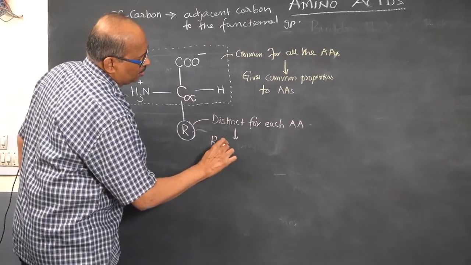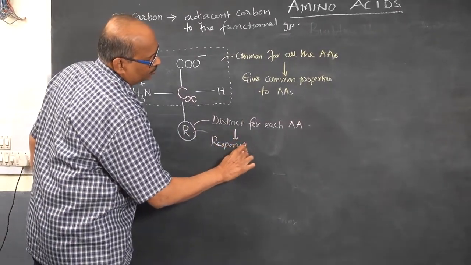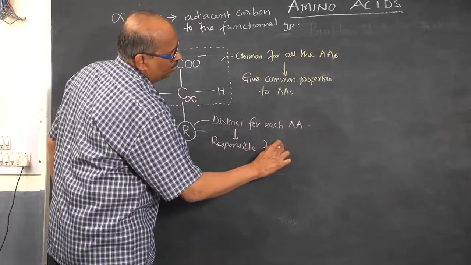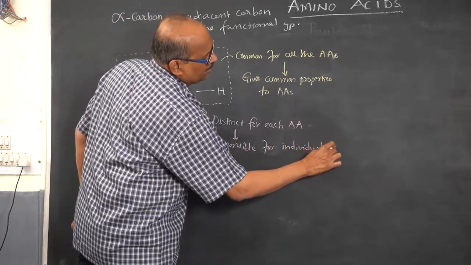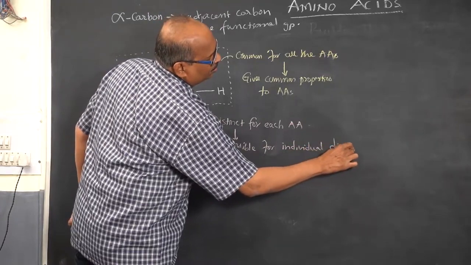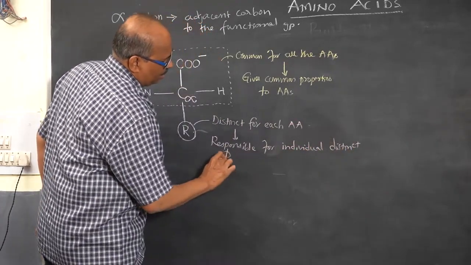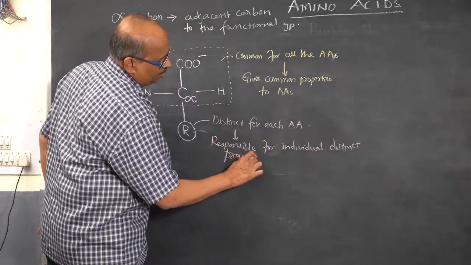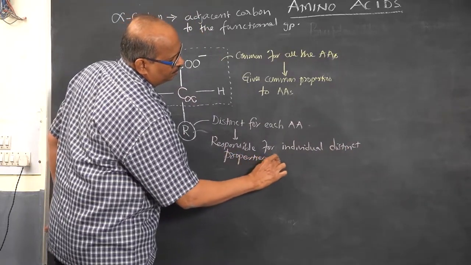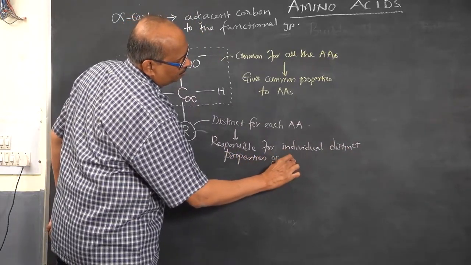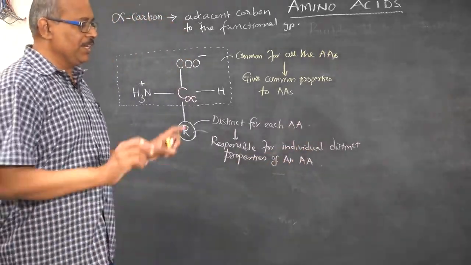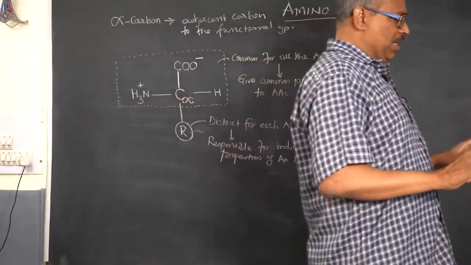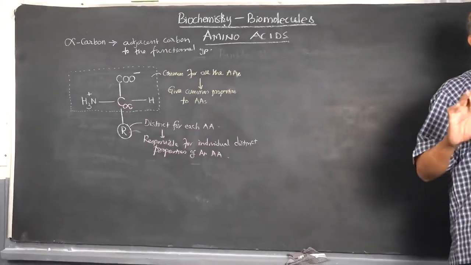So it is responsible for individual, distinct properties of amino acids. So that's how we can divide the groups which are present in the amino acids into two distinct categories.